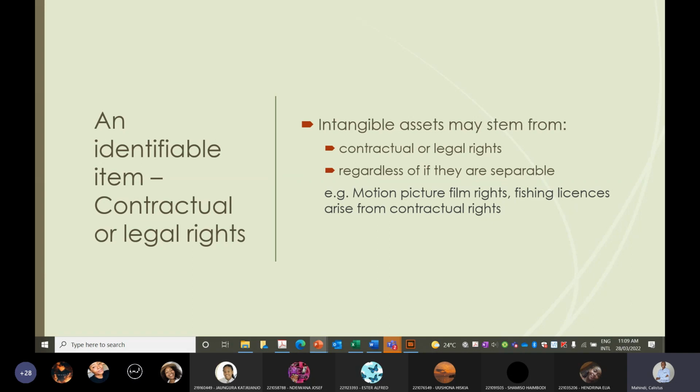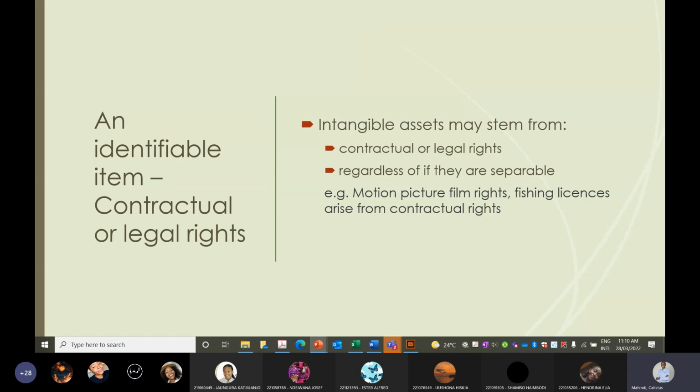This is where we go back, let's say, to the fishing quotas. All right, the fishing quota, what happens? The government has granted you a right to fish in Namibian waters. So you have that legal right to fish in Namibian waters, and we now do not look at whether this is separable or not.